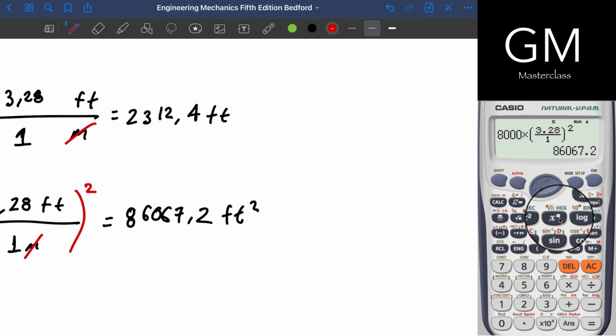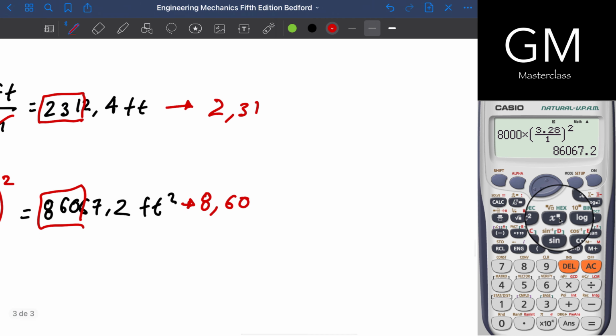So 3 significant digits are these ones. What we are going to do is get this point to here, and this point to here, so I can get this result, 2.31 and 8.60.